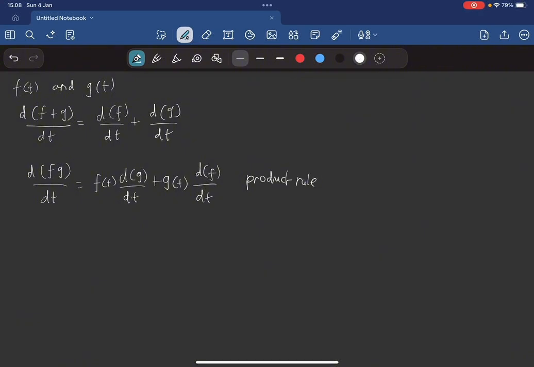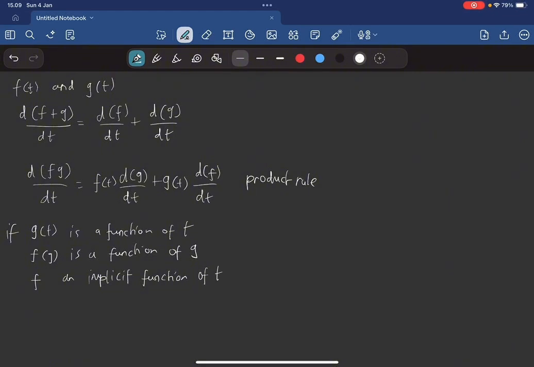Next, suppose that g(t) is a function of t and f(g) is a function of g. That makes f an implicit function of t.